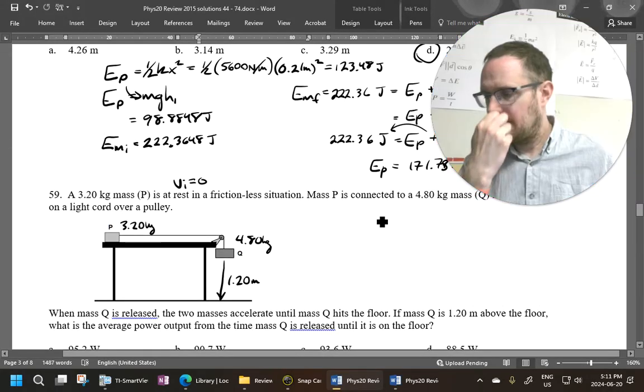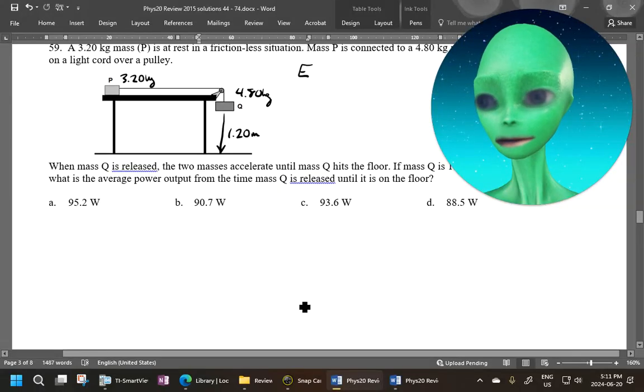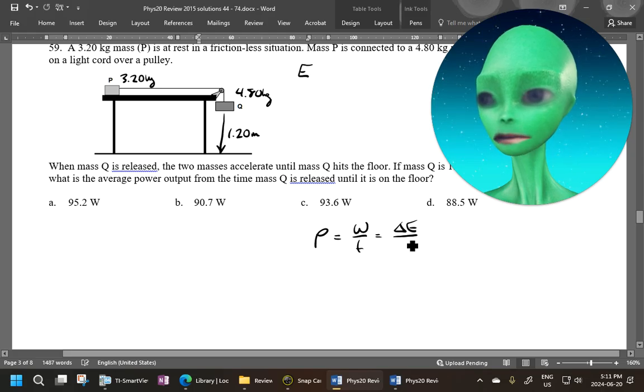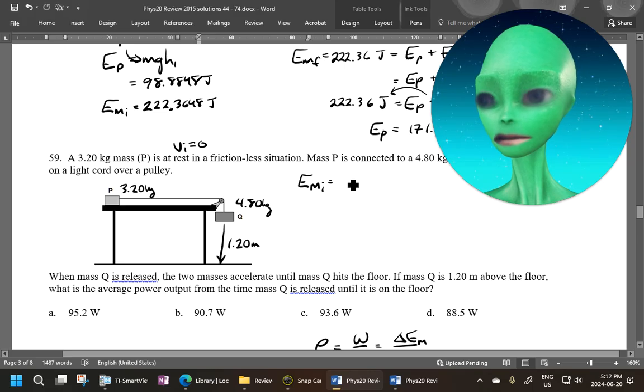Okay, so remember, to find power, I'm going to put it over here. Power is equal to work divided by time, which is equal to the change of energy divided by time. We could just say the change of mechanical energy. So my initial mechanical energy is going to be, there's no EKs, so all the EKs are 0.